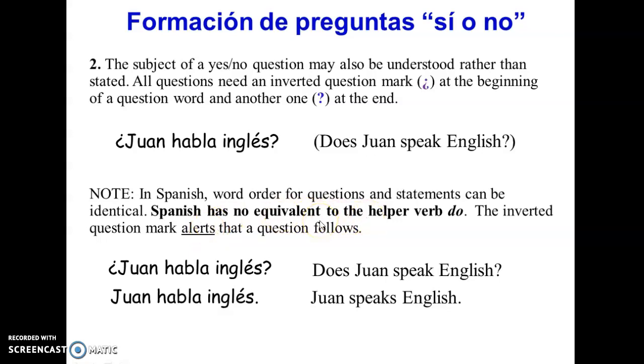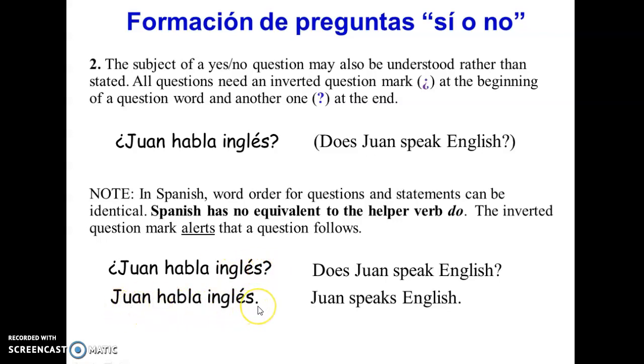Like I said in previous presentations, in Spanish there's not an equivalent for the helper verb do. So you're not going to find a do in any question like we do in English. Juan habla inglés. We can see the question with both question marks.